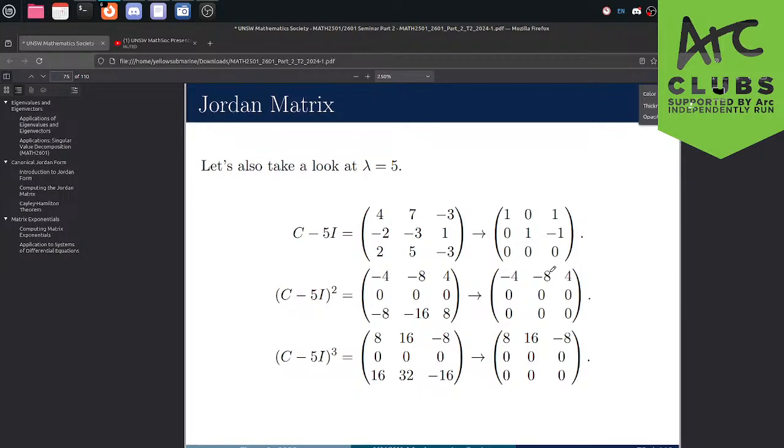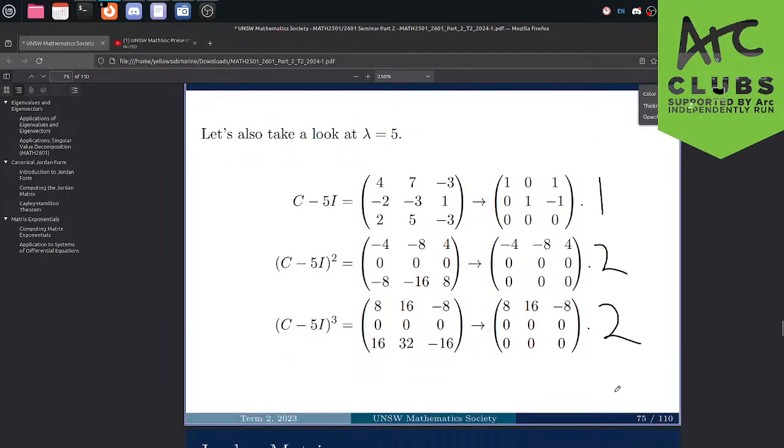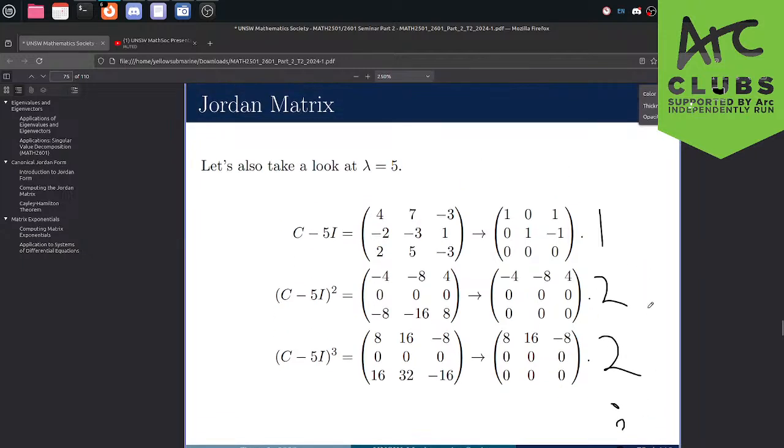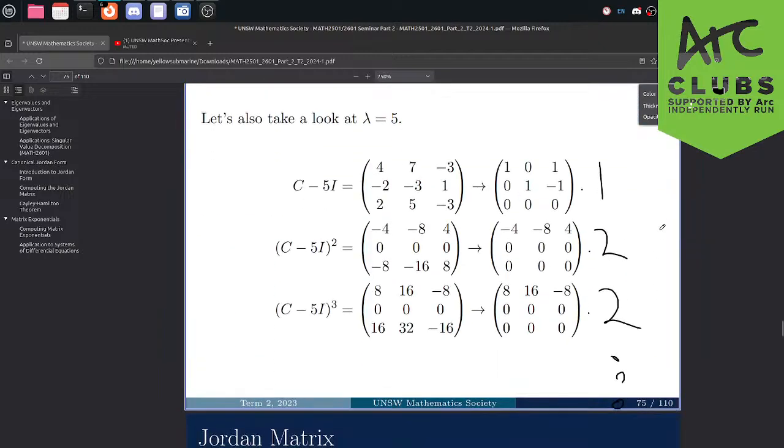For the eigenvalue 5, the nullity is going to start off as 1, then go to 2, and then stay at 2, and you can probably guess that it's always going to stay as 2. The reason is that the differences in the dimensions of (A minus lambda I) to the k are non-increasing, and the sequence itself is non-decreasing. So this goes up and then always stays the same, because the difference is 1, then 0, etc.